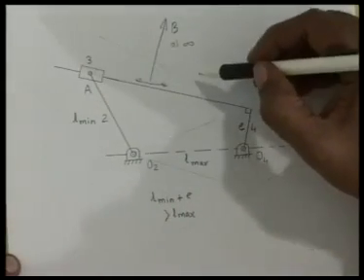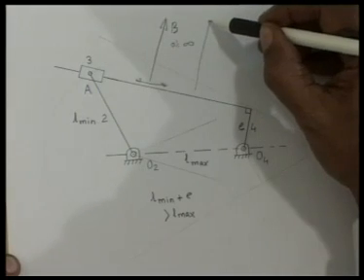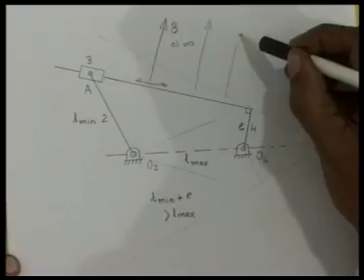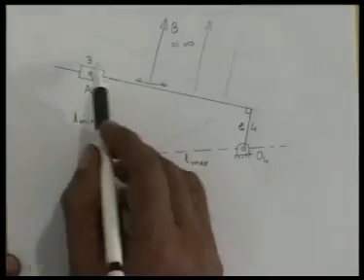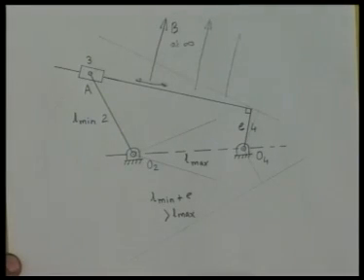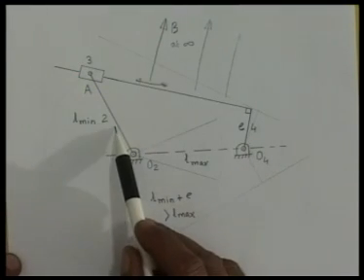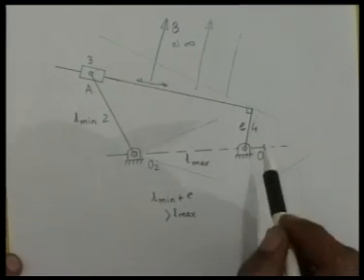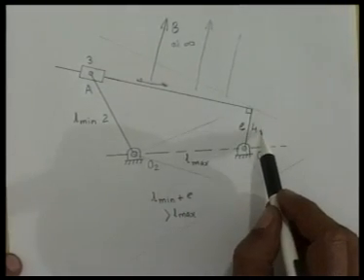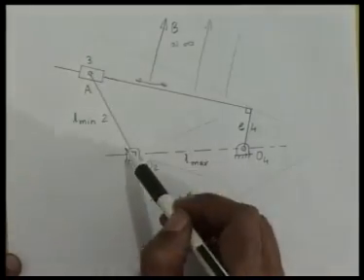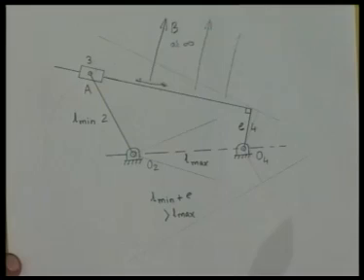All parallel lines meet at infinity, so I can take any line perpendicular to the direction of sliding and claim that B is at infinity on any of these parallel lines, because all these parallel lines meet at infinity. Now, to find the extreme position of link 2 or link 4, what I know, the other two links, that is, say for extreme position of link 4, link 2 and link 3, that is O2A and AB, must be collinear.